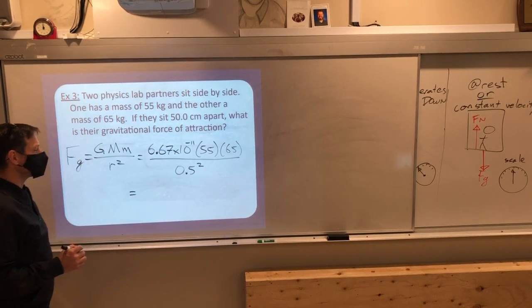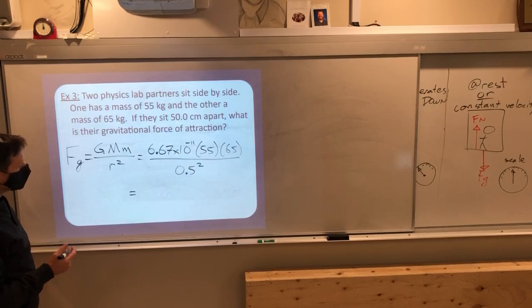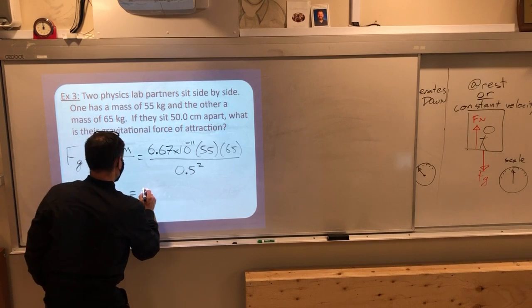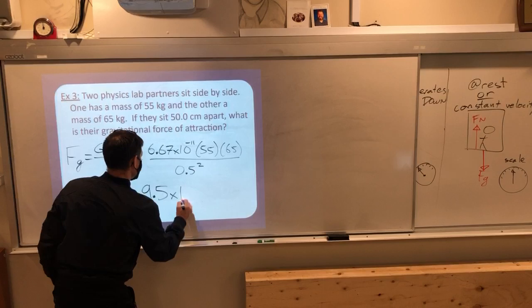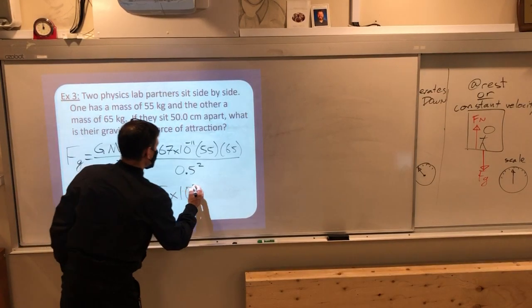And you're going to get, that's 0.25, so I said 300, 300 over a quarter is like 1,200. This is how much I'm attracted to. It's going to be like 6 times 10 to the negative 9 or something like that. 9.5 times 10 to the negative 7.